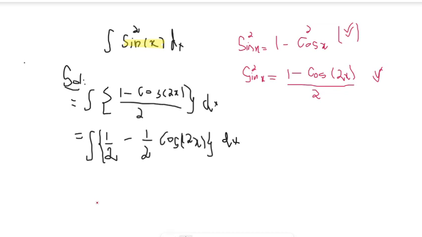Many students get confused here, as they put the integral and dx in an incorrect way. So just remember, whenever we have multiple terms, here we have two terms, that is 1 over 2 and 1 over 2 cos 2x, we will move the integral sign and dx to each of these terms inside the brackets.